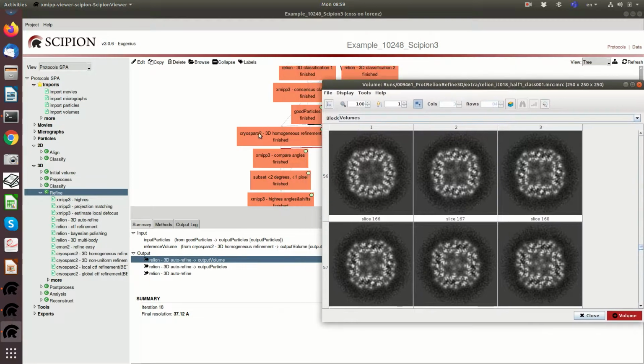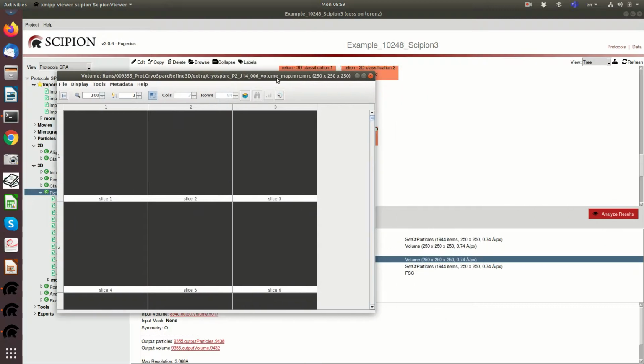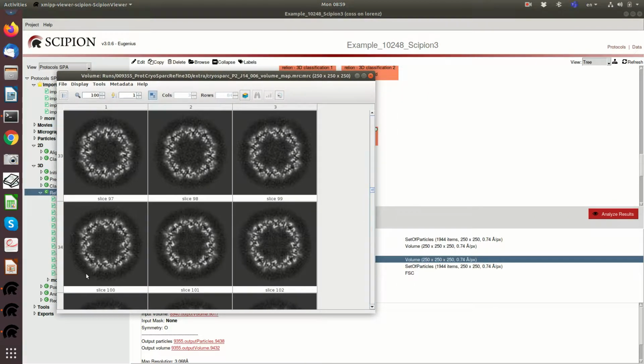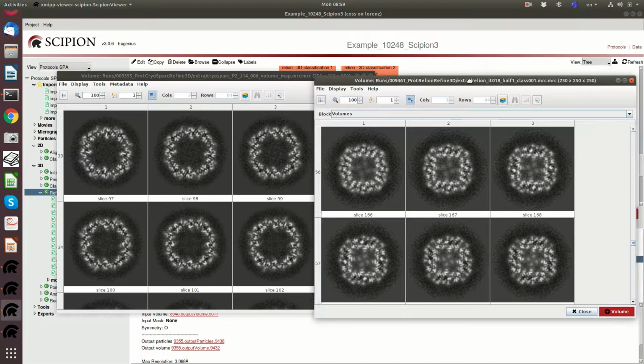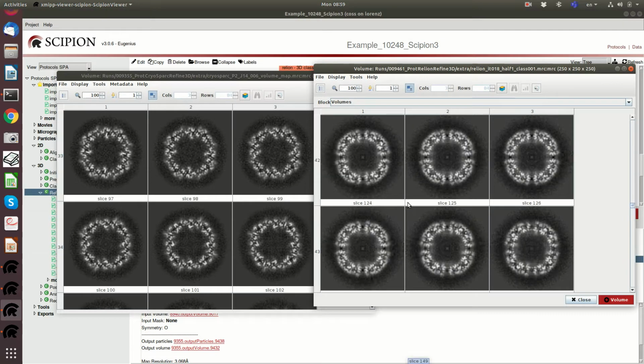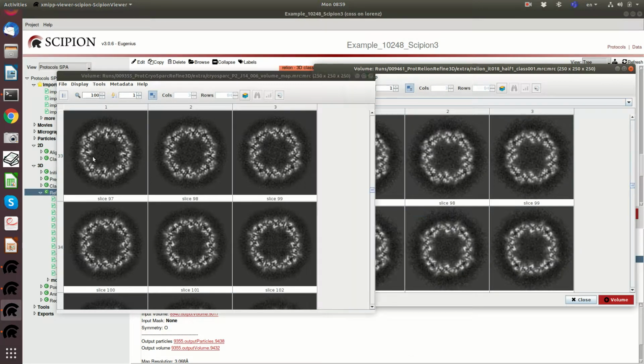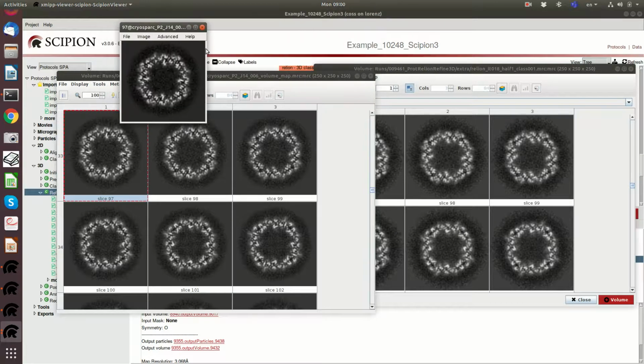So for instance here we have the same map, and we have to go to similar slices. Let's say this is slice 98, so here we move to slice 98 too.